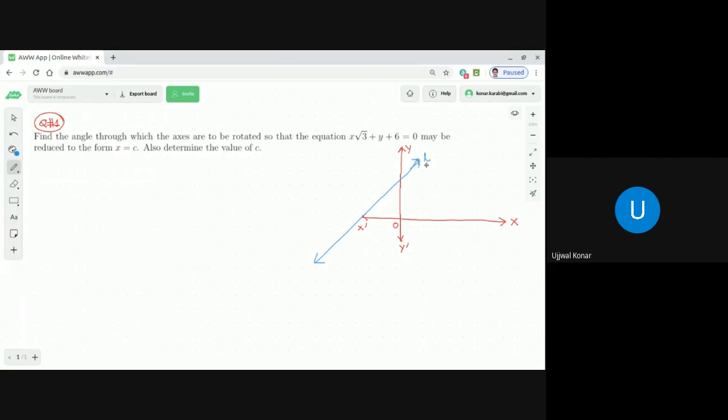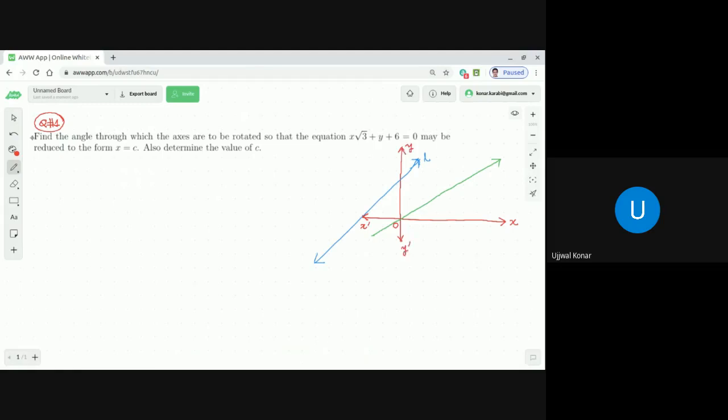Now what happened? That coordinate axis has been rotated. Suppose it is rotated by an angle theta. This becomes my new x-axis. The general convention is that we take the original axes as lowercase x and y, x o x dash and y o y dash.